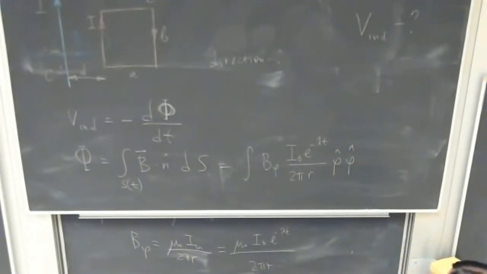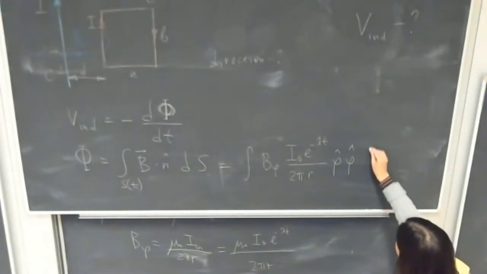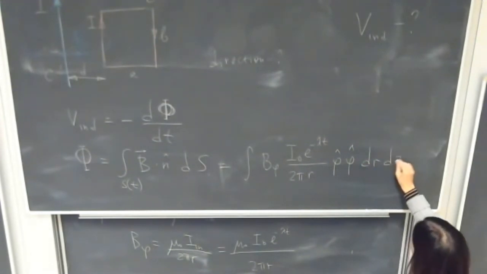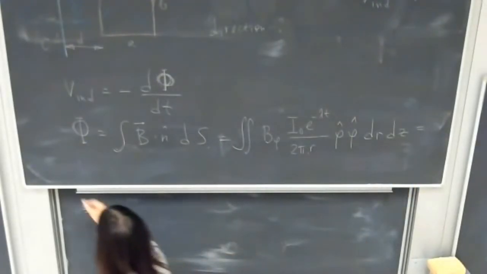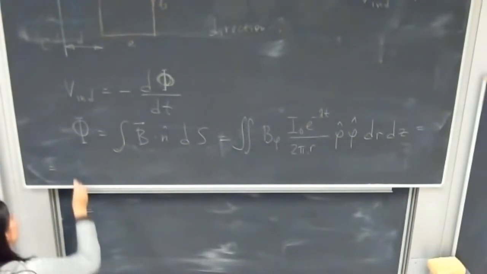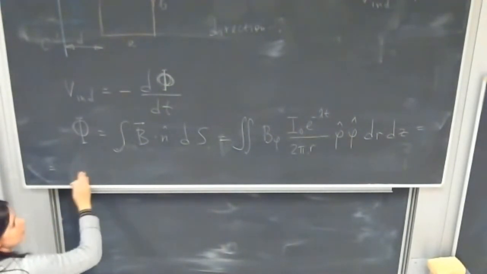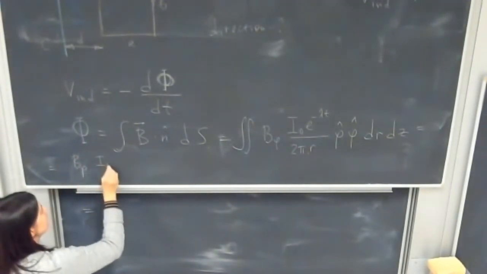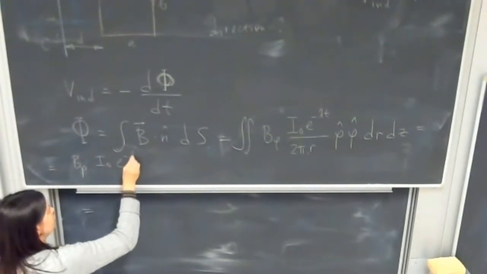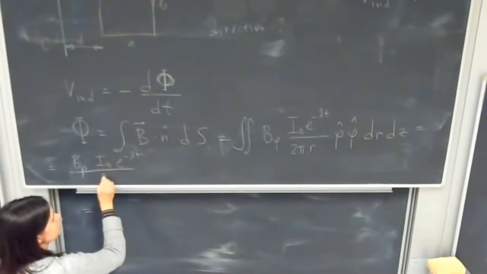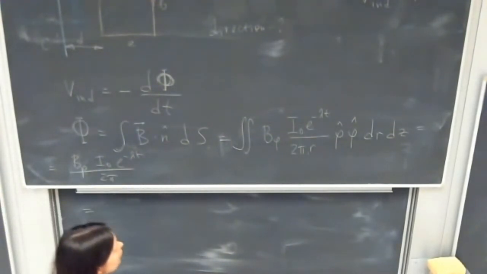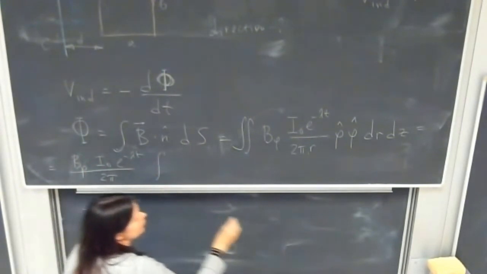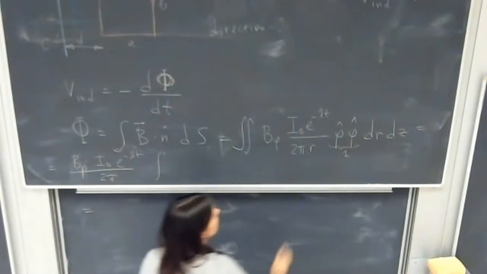And then the integration will be along dr and dz. And then it would be equal to, let's take the constants out.